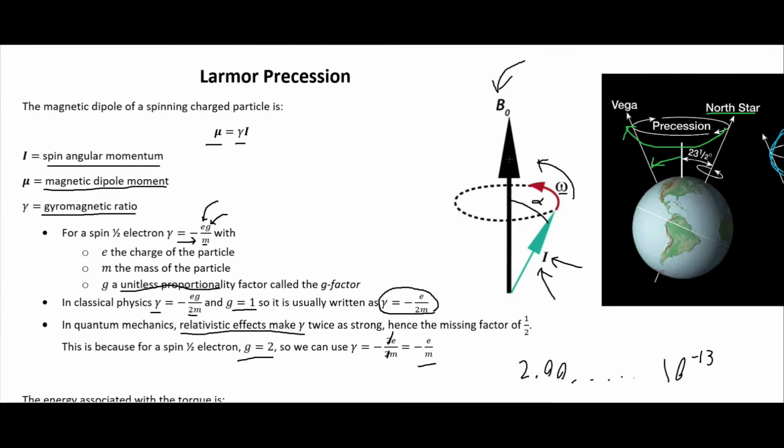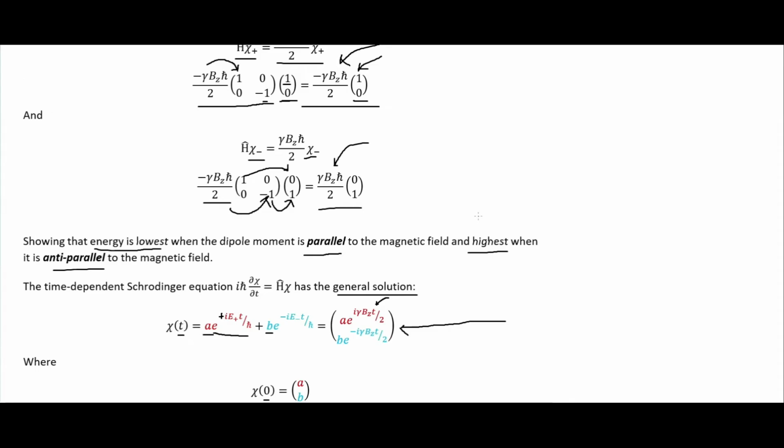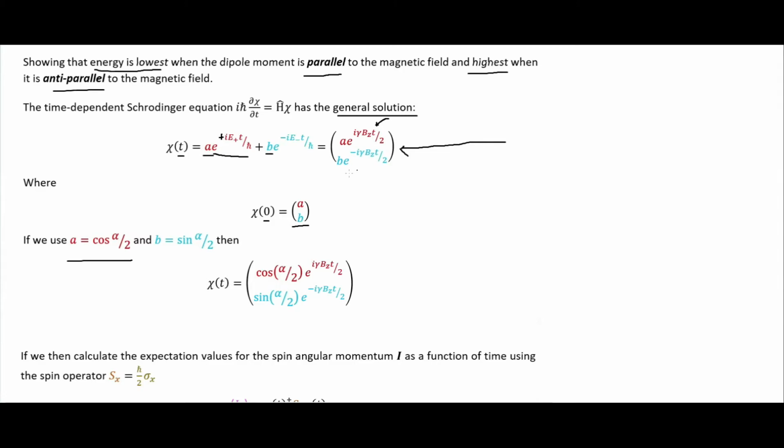So it's the angle of our vector for the angular momentum, the angle that is away from the magnetic field line. And so we'll use a equals cosine of alpha over 2 and b equals sine of alpha over 2, and so we can then substitute those in for the a and b there, and we end up with this.